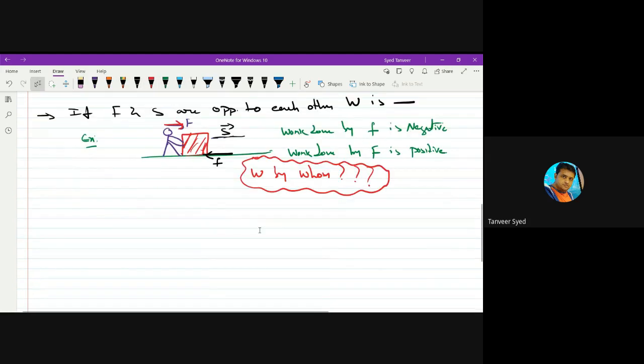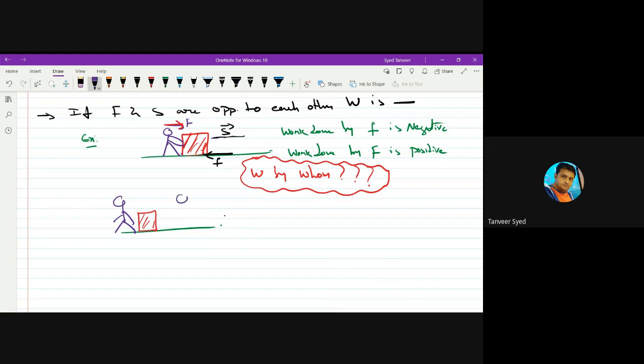Suppose there is a block on the ground. Okay. Now what you do is you lift that block.